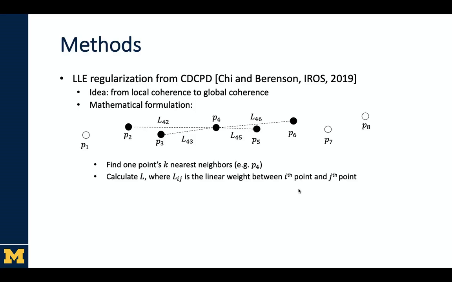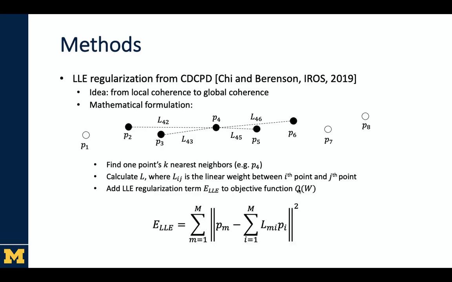For example, P4 is expected to be close to P2 times L42 plus P3 times L43 and so on. The regularization term here requires every point at any timestamp to stay close to the linear combination of its k nearest neighbors.